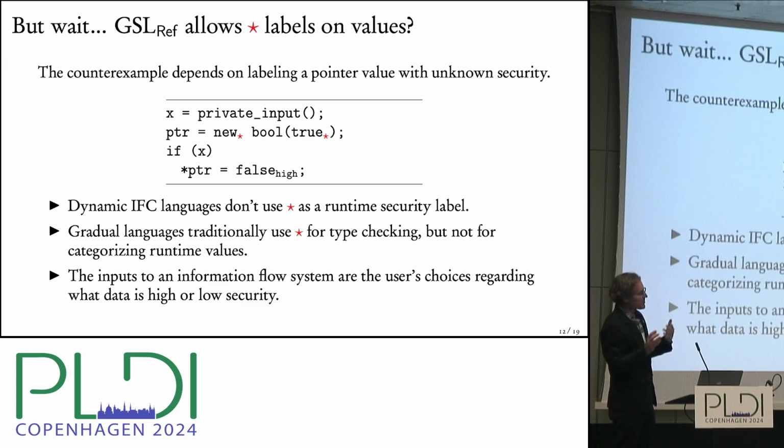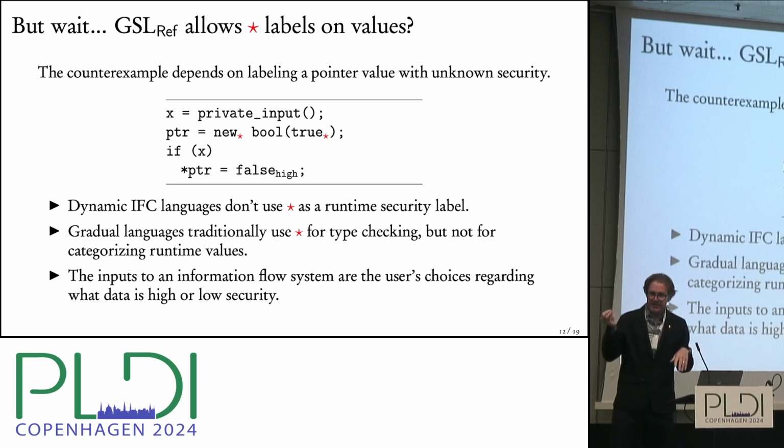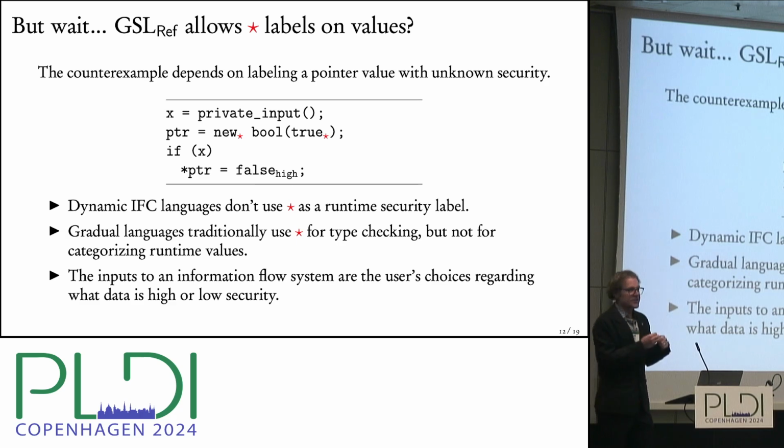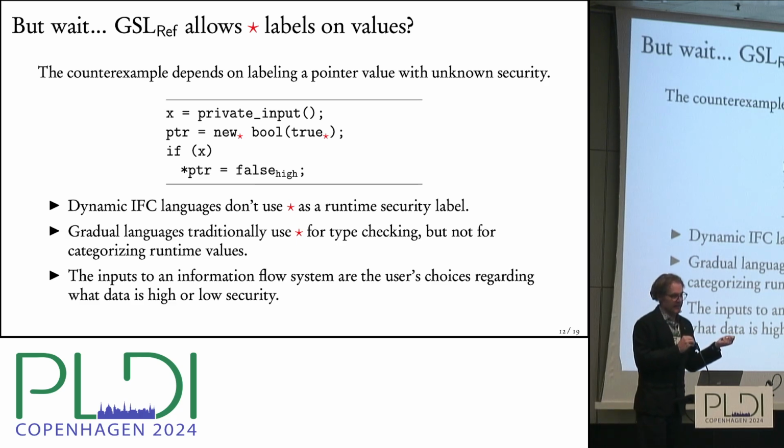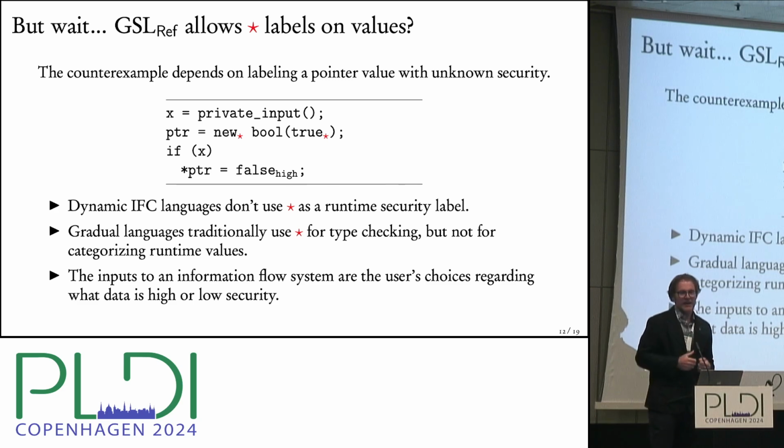And if you look at other gradually typed languages, not to do with IFC, we have unknown as a static entity, but we typically don't have unknown as a dynamic thing. Usually you have all the information at runtime. Oh, this thing's an integer or this thing's a function. You're not unknown at runtime.